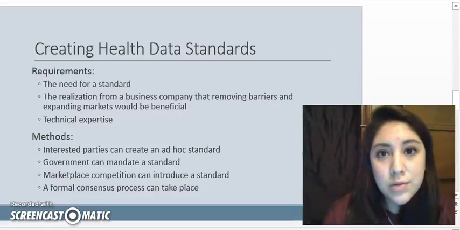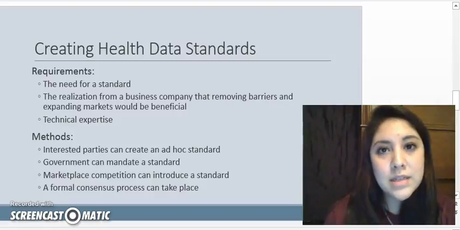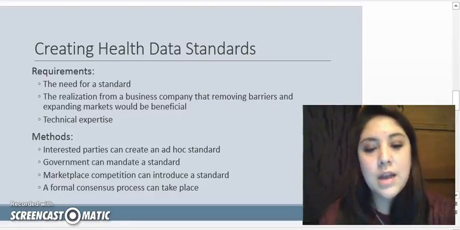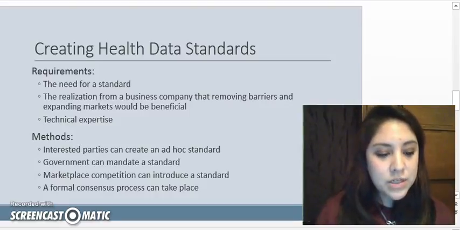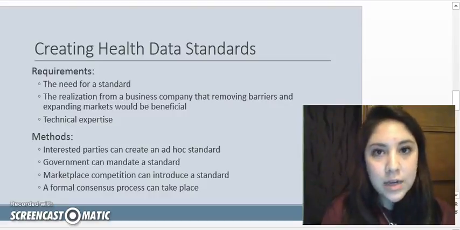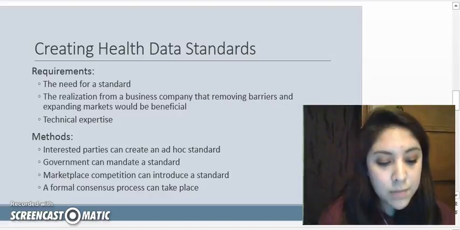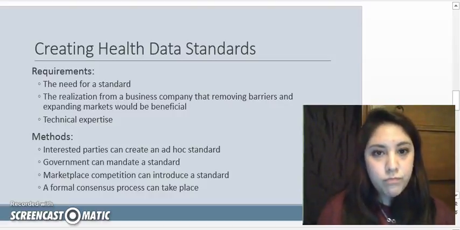Therefore, you have to use the new standard. There is a formal consensus process called balloting. I found it interesting that HL7 and SNOMED, which are used widely and are very popular, are not actual government official standards. They were implemented through a harmonization process rather than by government.